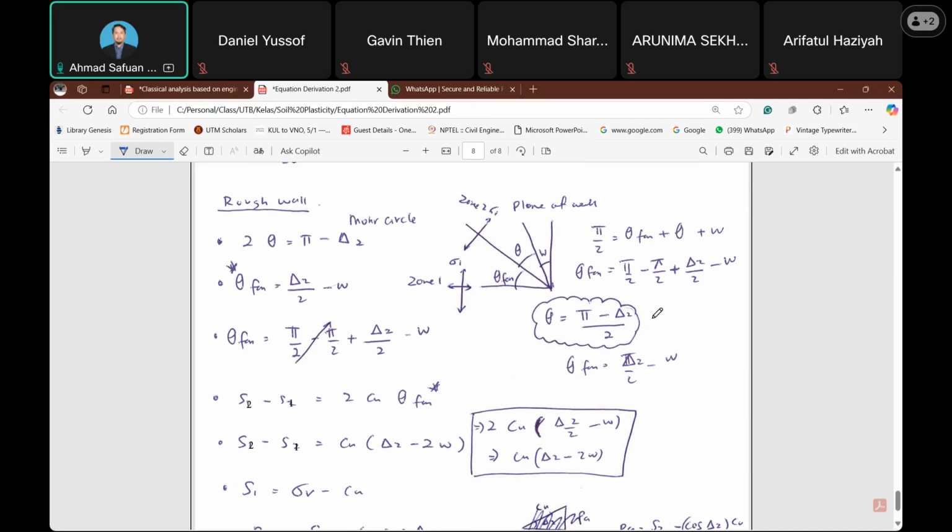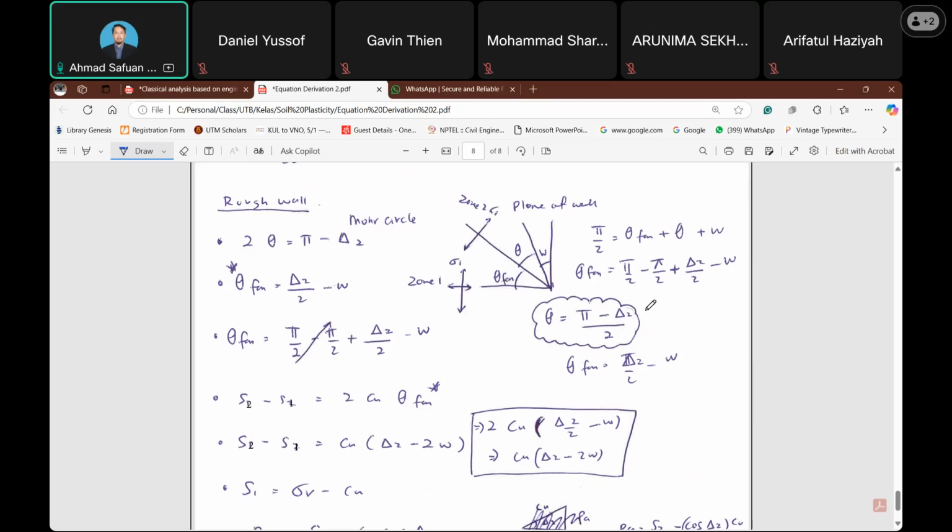So theta is equal to pi minus delta 2 over 2, as we have discussed before. Or we refer to this approach, where from the Mohr circle to a normal diagram, we should divide it by two. So we obtain theta equal to pi minus delta 2 over 2.